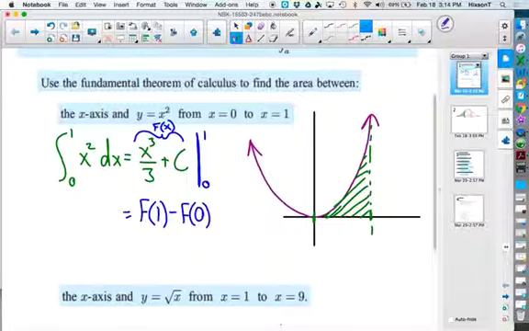So if I plug in 1, what do I get here? 1/3 plus c. Again, in the future you won't have the plus c's, but I'm showing you why you won't need them later. If I plug in a 0, what do I get? 0 plus c. Why do you do the vertical lines?